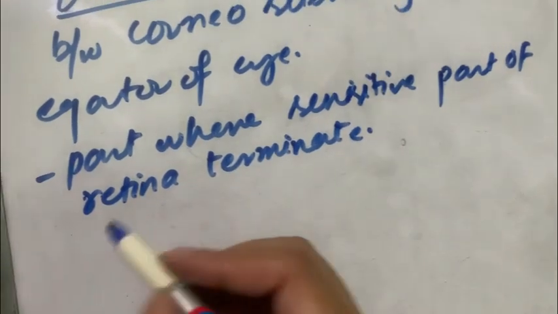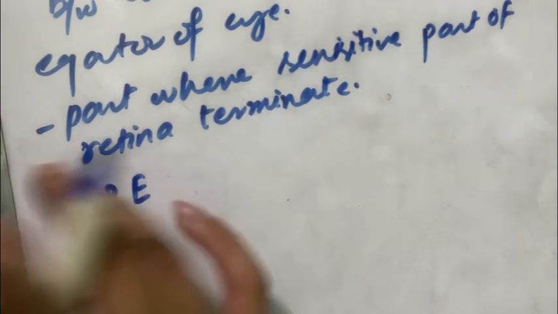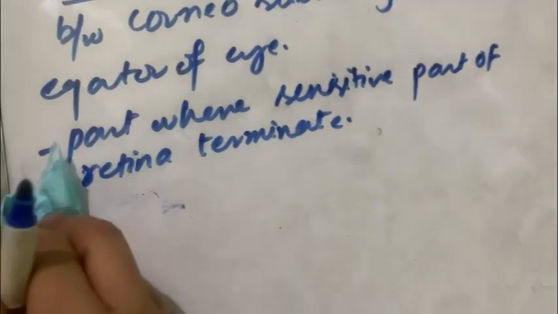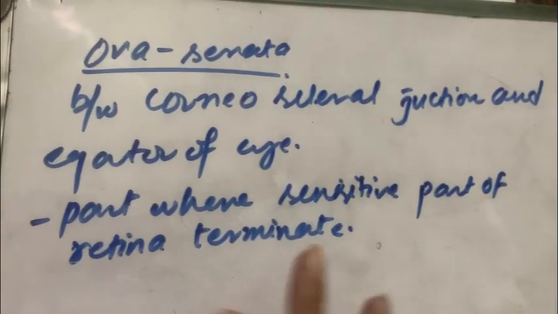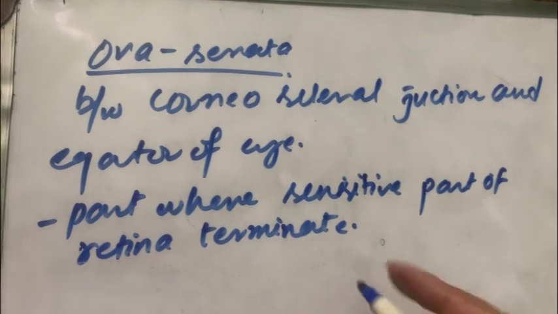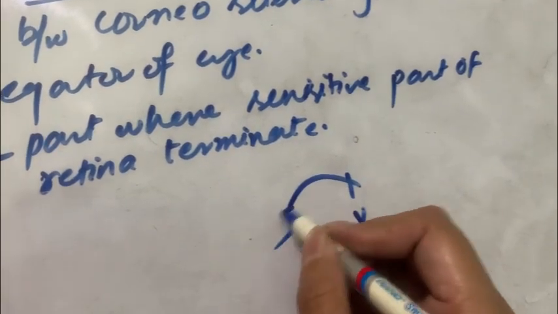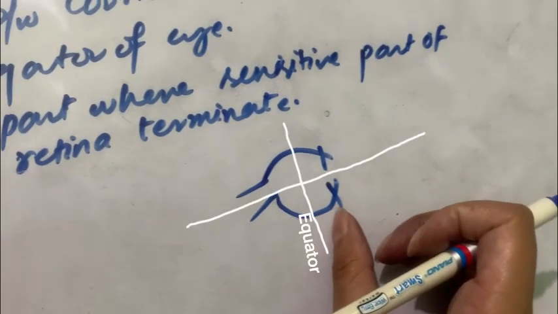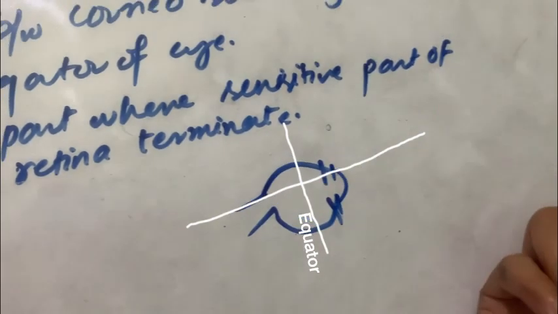Because a part of retina, the RPE layer, continues further. We are going to talk about this further, okay? So up to this, ora serrata is the part where the light sensitive part of retina terminates, which is between the equator of eye and corneoscleral junction.